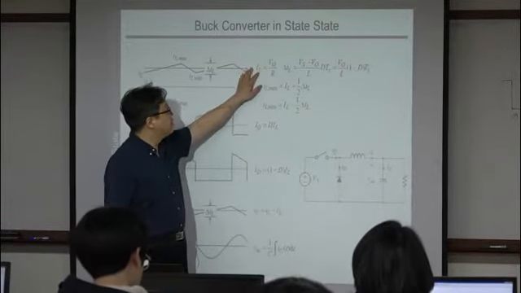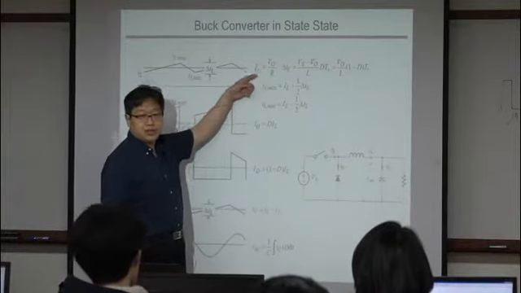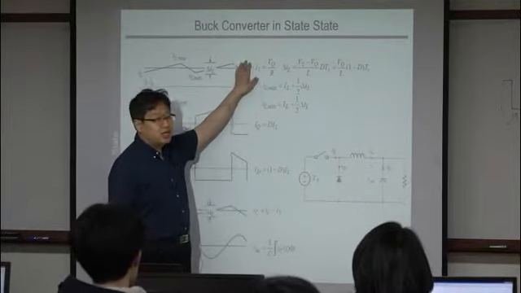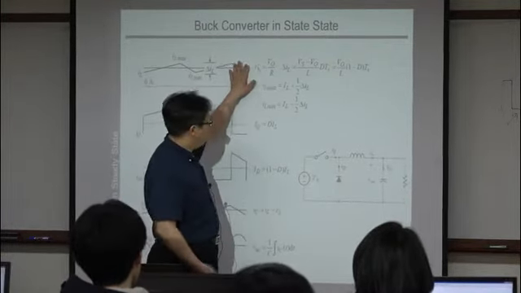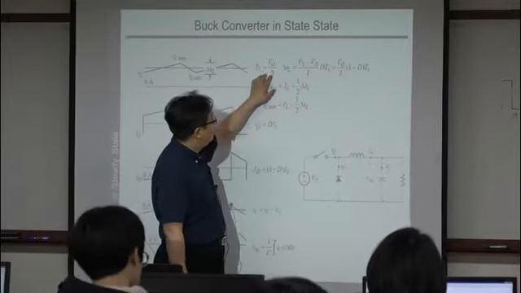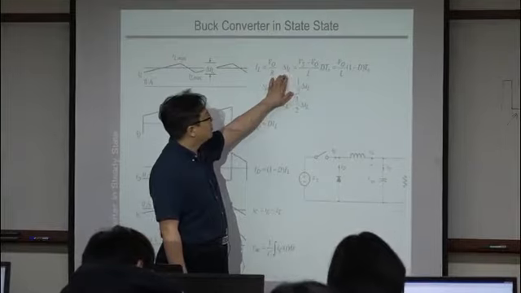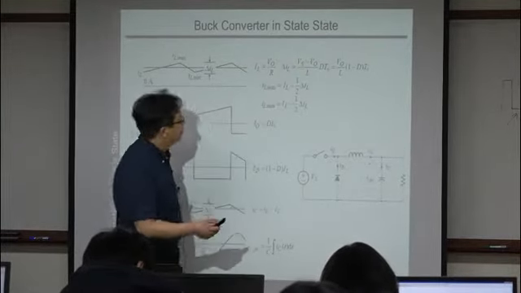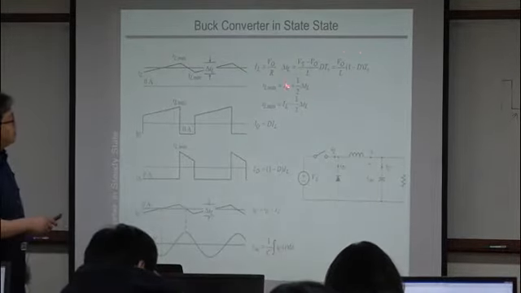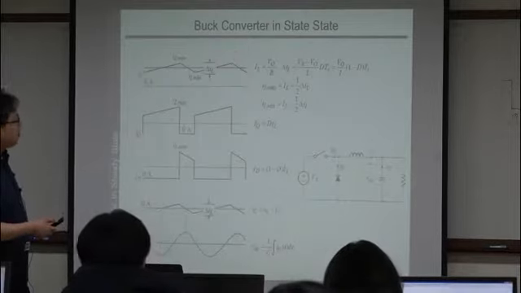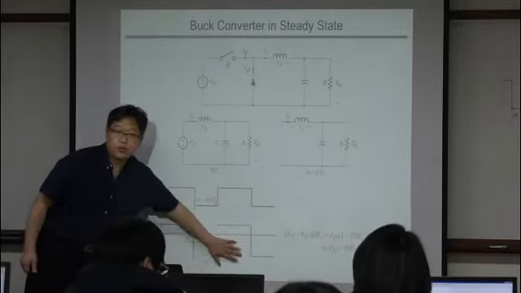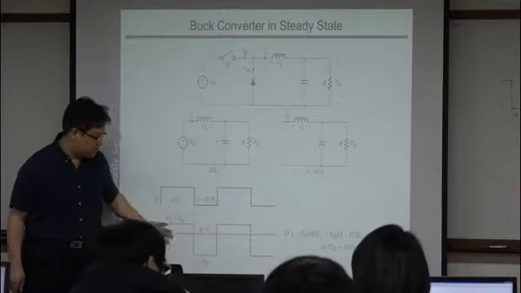So IL, that is a capital letter, means also average, right? DC component. So IL is VO over R. And that del IL is the ripple component. The ripple component is simply calculated like this, from the figure, right?